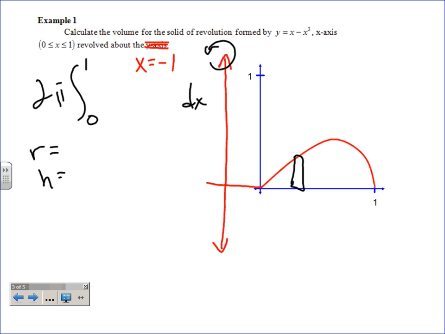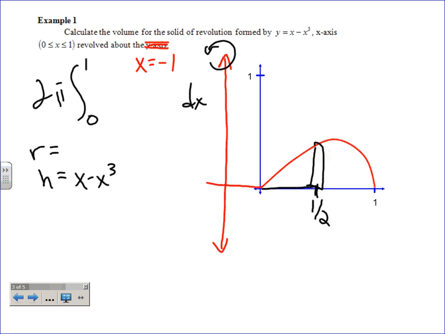Radius and height. Does the height change? The height of that shell? No, the height's still the function in this case. What changes? Do you agree? Let's use a half. Let's say that's exactly where I put it, was at 1/2. If I put that value at 1/2, is that actually the radius?